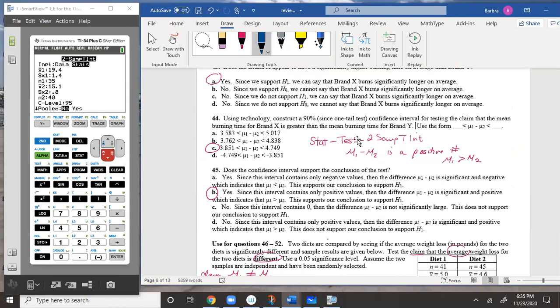For this interval, they're asking you to construct a 90% confidence interval. So I'm going to change this to 90. No pool, calculate. And we have an interval from 3.85 to 4.75. And so the correct answer is C.